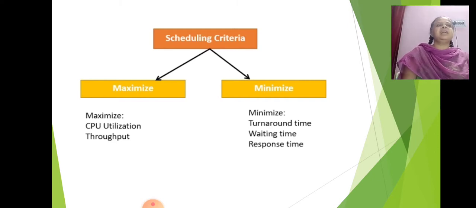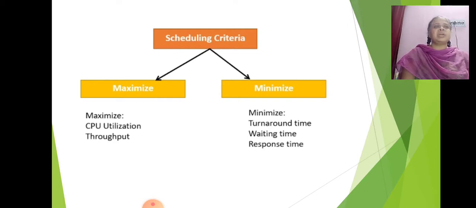We can say that different CPU scheduling algorithms have different properties, and the choice of a particular algorithm may favor one class of process over another.